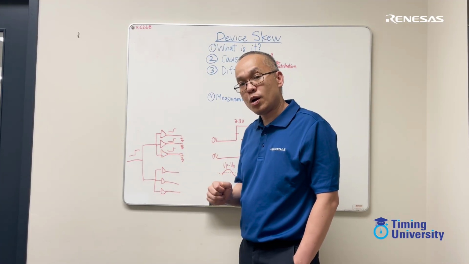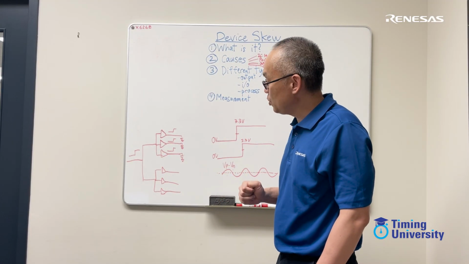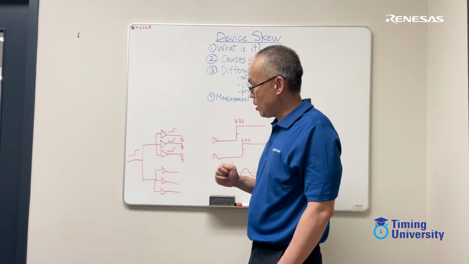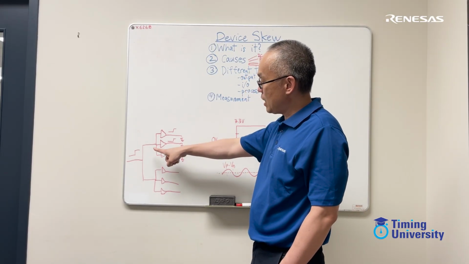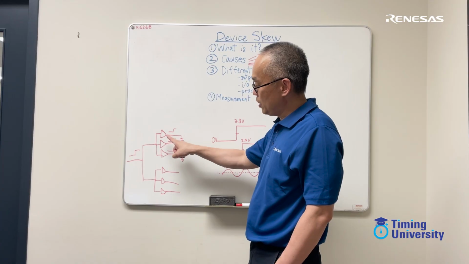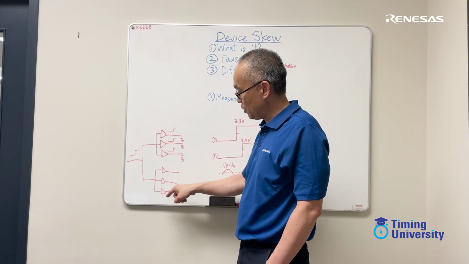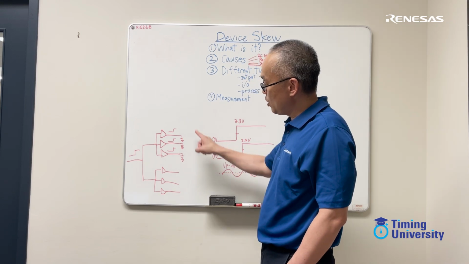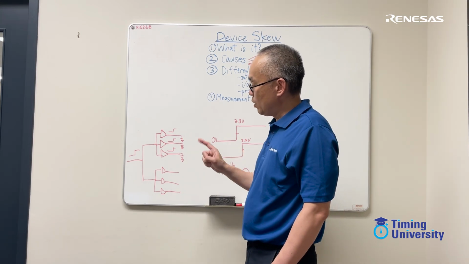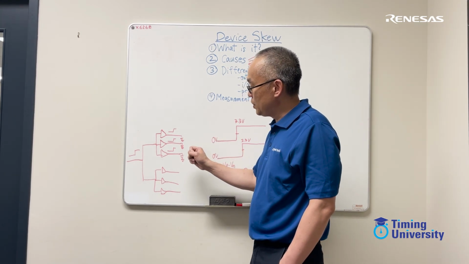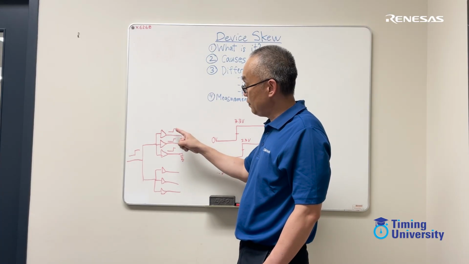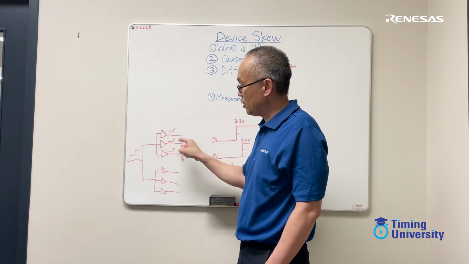You can also talk about channel to channel skew, or you could just talk about channel skew. Take, for example, these three buffers here, which are the first channel, the top, and then the bottom channel, these three buffers here. Assume they all have the same load. Channel skew would be the worst case skew between any of these signals within this top channel.